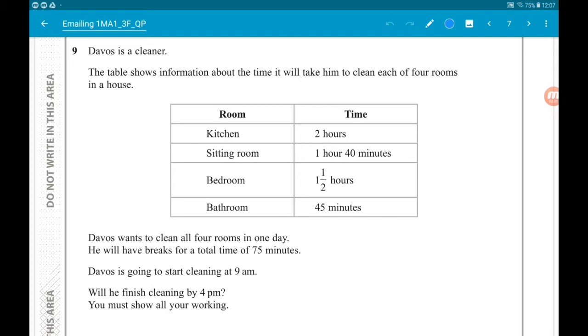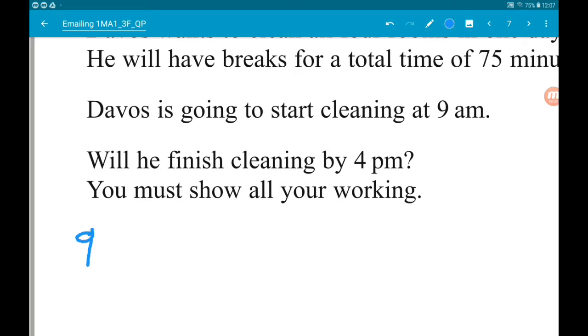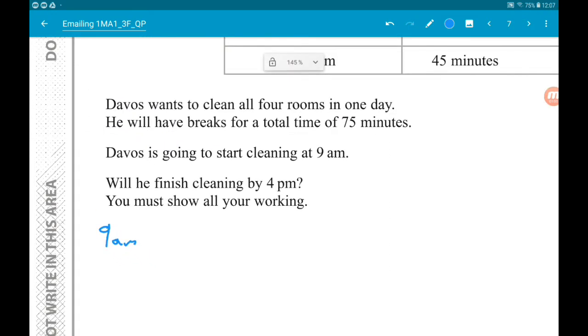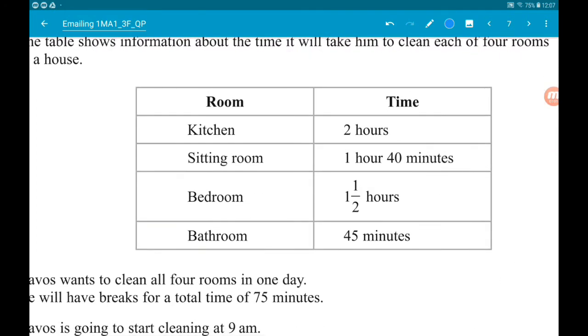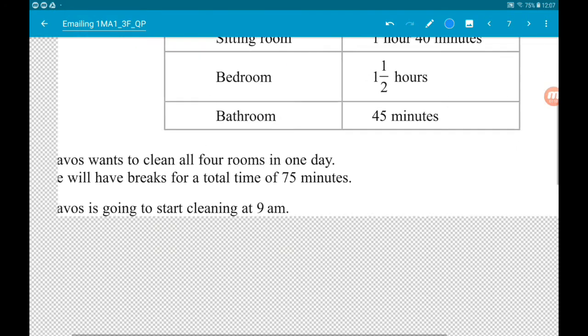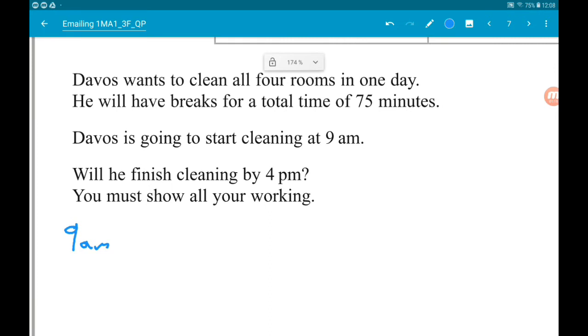Okay, so first of all then, he's going to start at 9 AM. Now, I'm going to just go through each bit of time and add it on to 9 AM. So, let's do his breaks. 75 minutes is 1 hour 15 minutes.